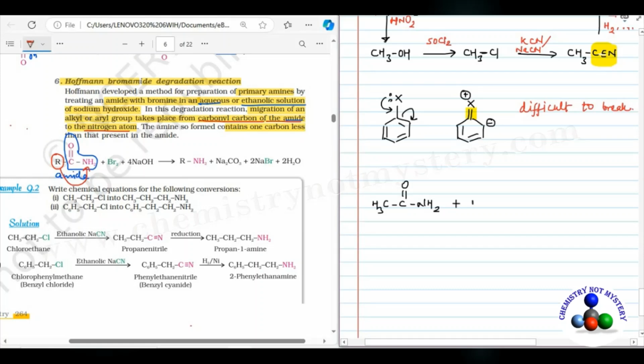When it reacts with Br2 in presence of NaOH, as it is written here, alkyl group migrates from carbonyl carbon to nitrogen. So here this is the alkyl group. Now it will migrate from carbonyl carbon to nitrogen. So here you can get the product CH3NH2. So the product is methanamine.